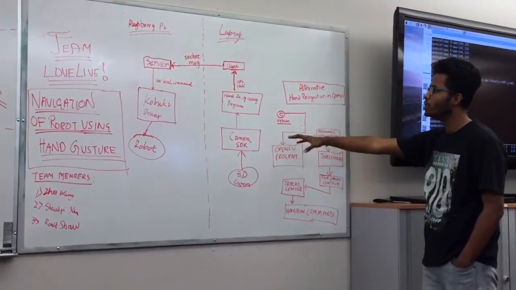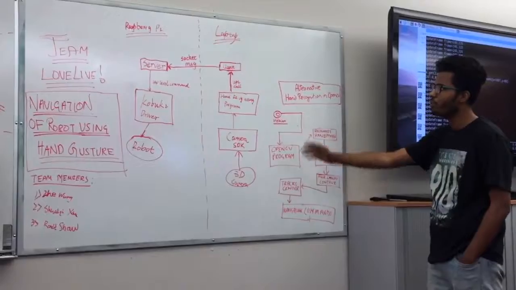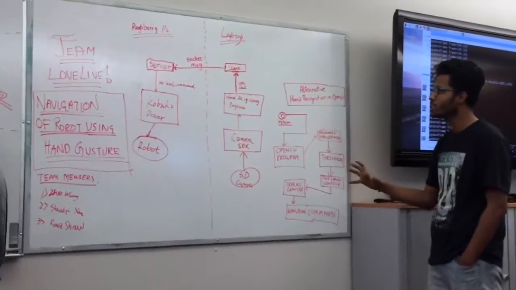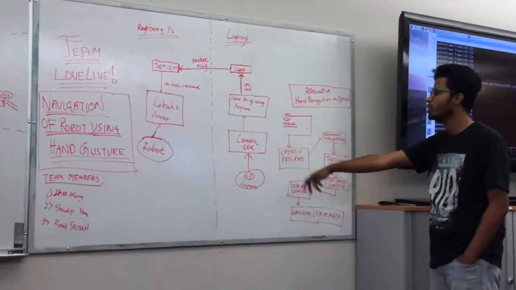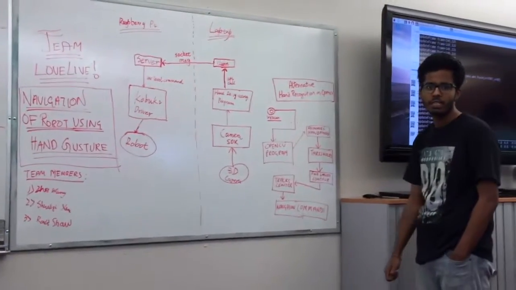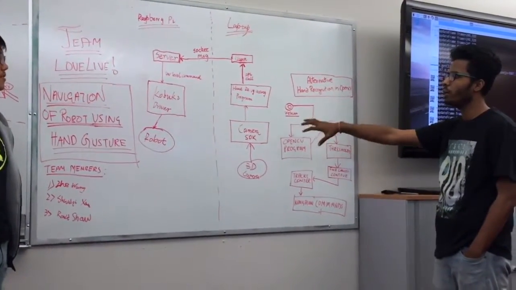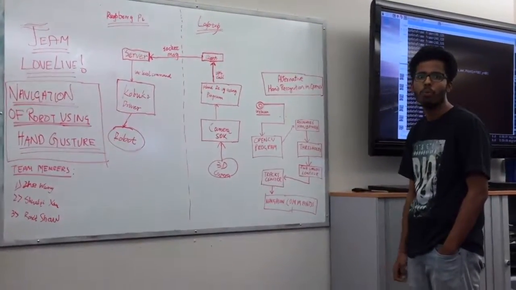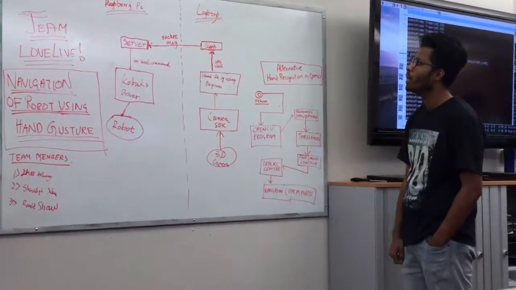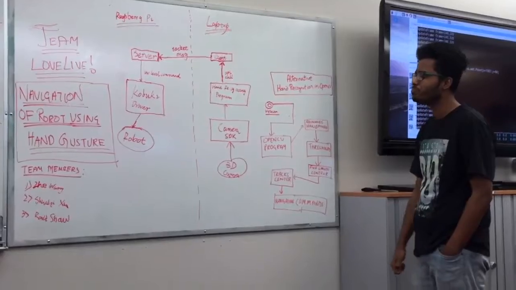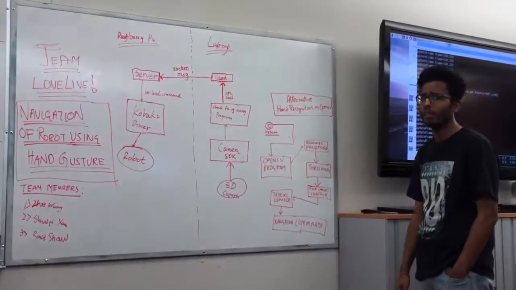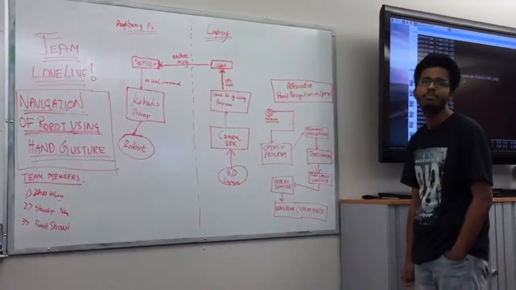Choi was also responsible for a hand recognition program using a similar type of algorithm, but using the 3D camera and Camera SDK. So we ended up incorporating that into our main running demo program, as you can see in the demo that we would be giving. So yeah, that's it.